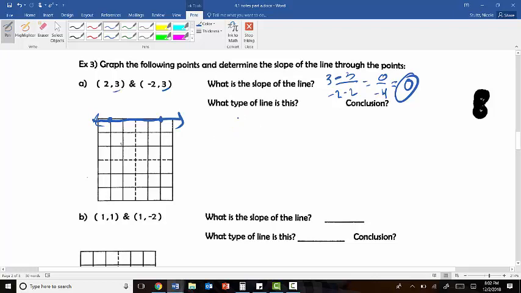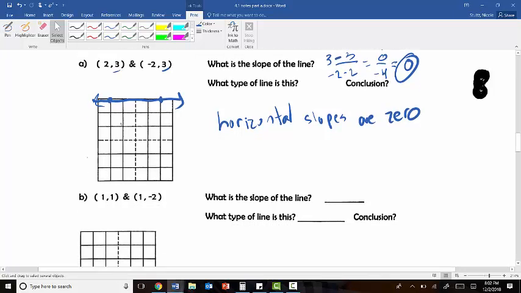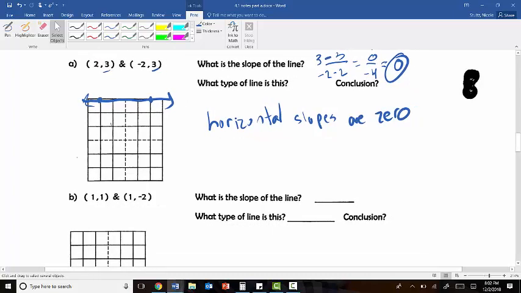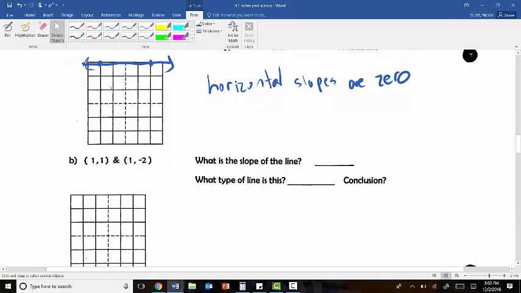So a little rule of thumb is this is called a horizontal line. And they're expecting you to make a conclusion. So if I drew the line here, or here, or here, or here, your slope is always 0. And we'll be working more with those kinds of problems a little bit later. It's always good to keep those in the back of our mind that sometimes we get 0 slopes.